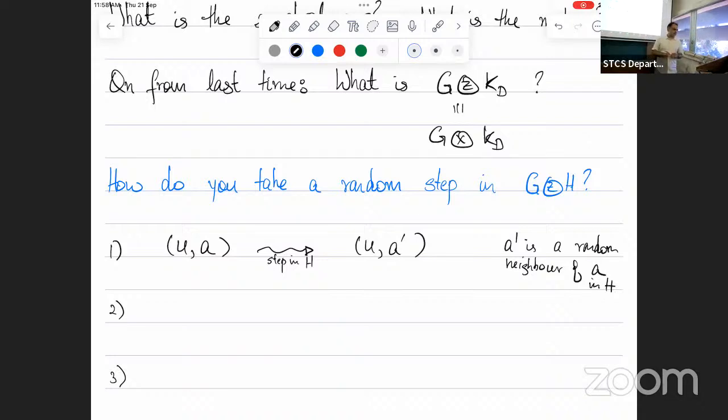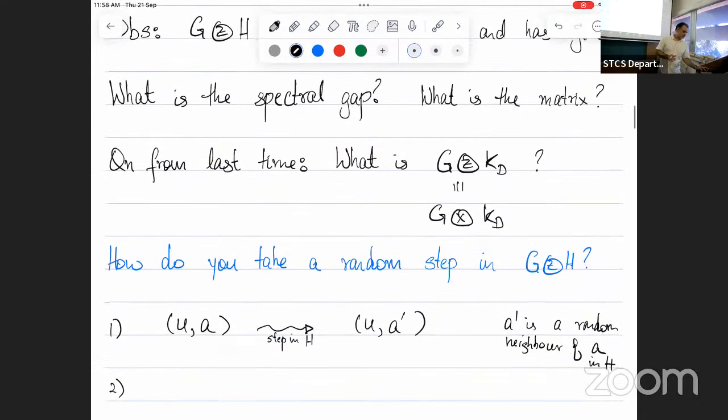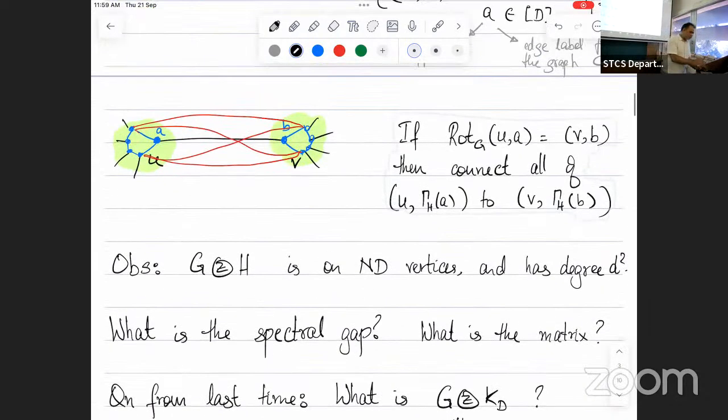I'm a bit confused. You are defining a random walk in this graph, is it? I'm going to do a random walk in the same way I have defined this graph. Eventually, you're going to say that this thing is equivalent to a random walk defined on this, because a random walk on a given graph, irrespective of how it arose, is just whenever you are in a vertex, you take a random neighbor.